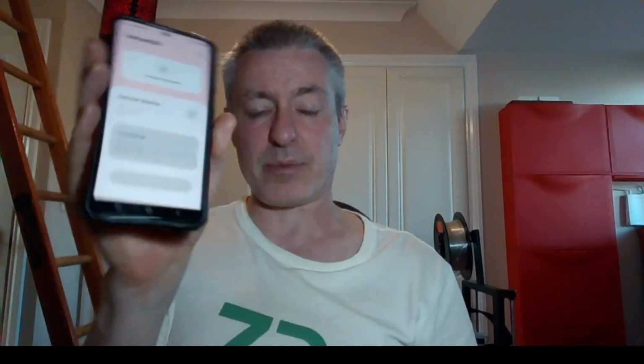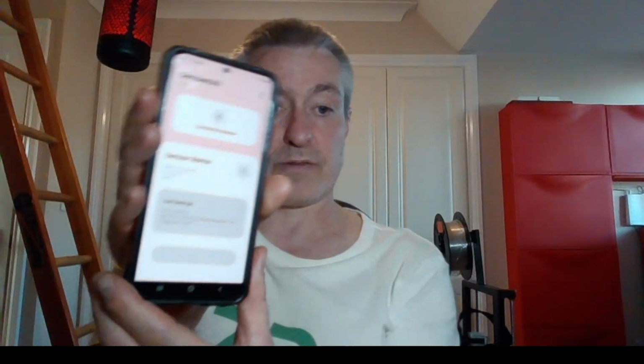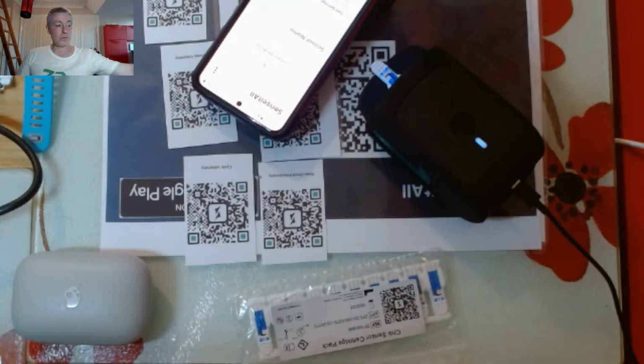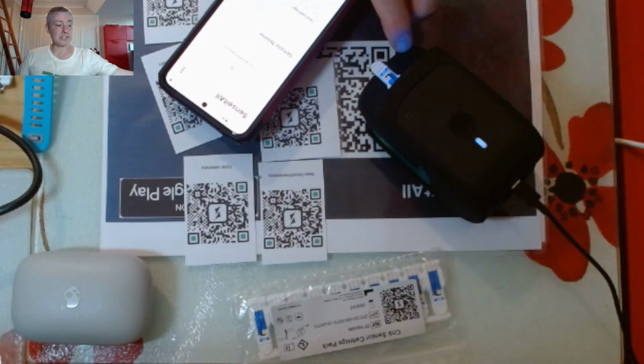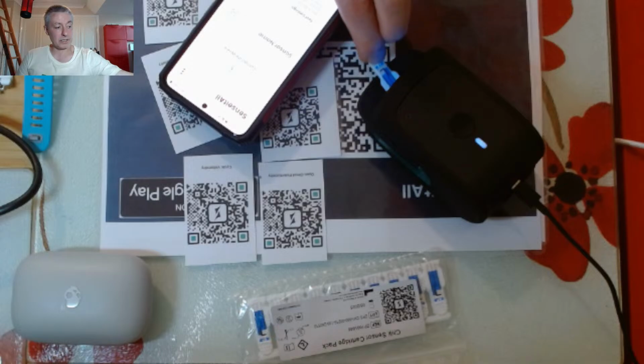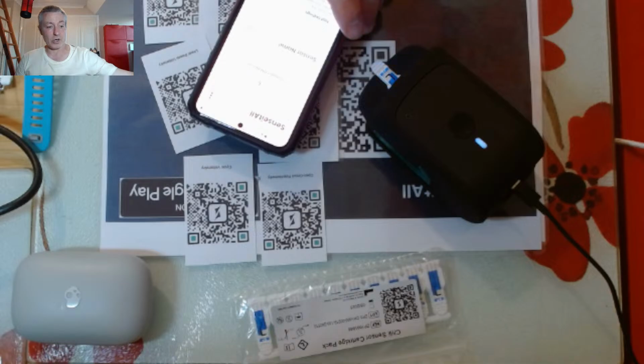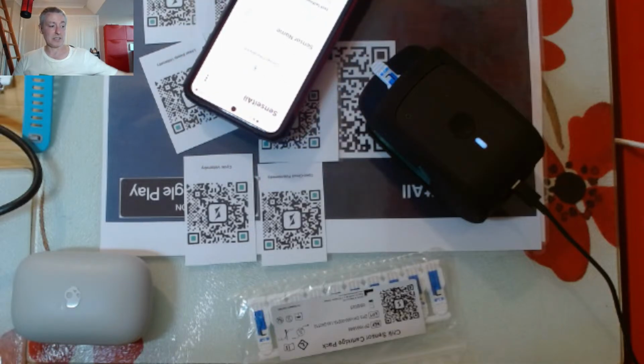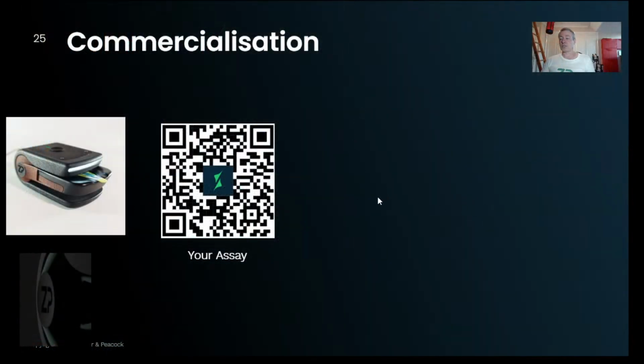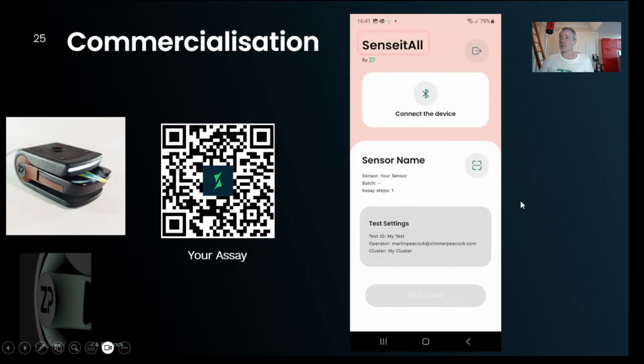Suddenly this app is your app to drive that hardware, so you can commercialize something like NT-proBNP much faster than otherwise, because you're not dealing with lab instruments, you're dealing with a minimally viable prototype with its own app and cloud connectivity, and of course it uses ZP screen printed electrodes because they're really good quality. So scan that QR code, have some fun with that, I would say.